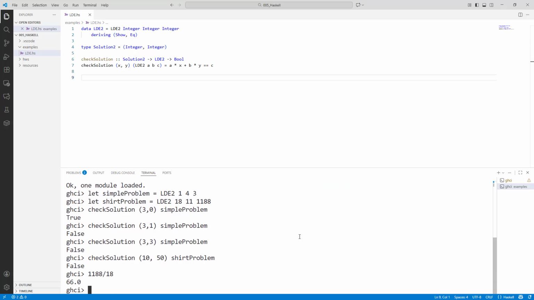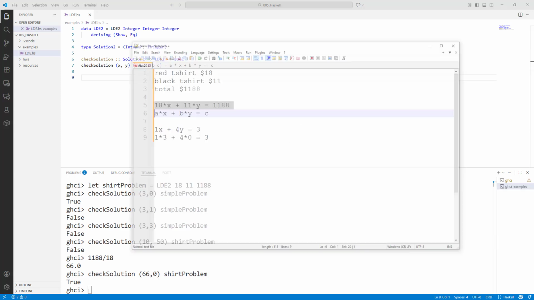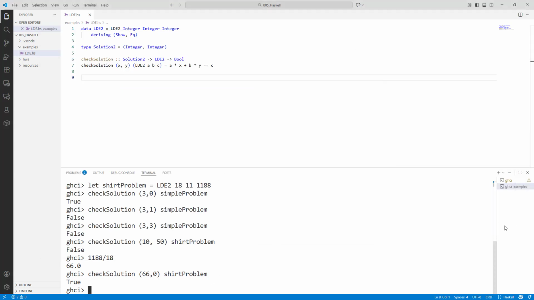And we see that it is actually 66. So this should be a solution. So let's say checkSolution and then 66, 0 of the other one, and then short problem. Yeah, and it is a solution. And we found one. So 66 of the ones that cost 18, I think the red ones, yes, would be a solution.